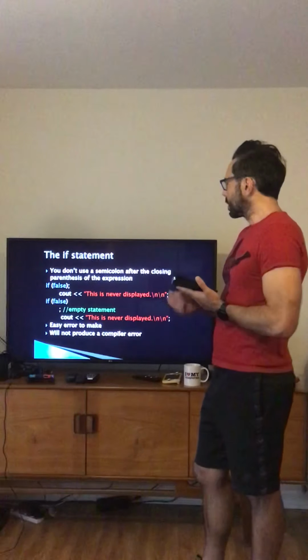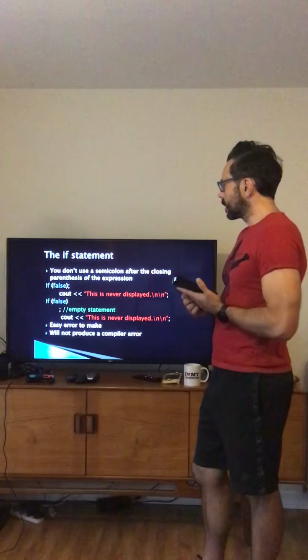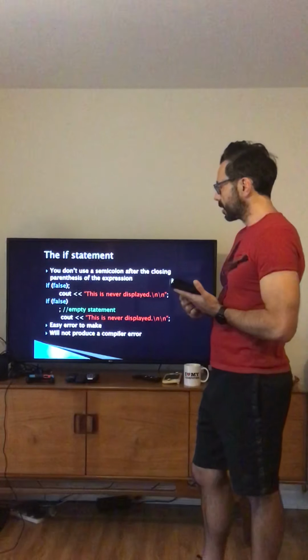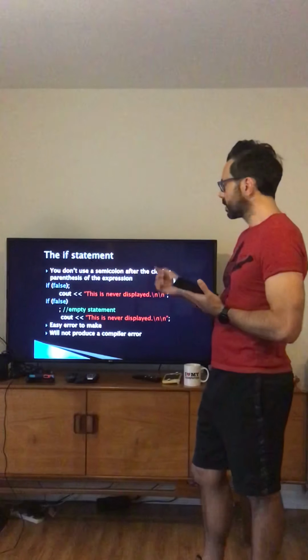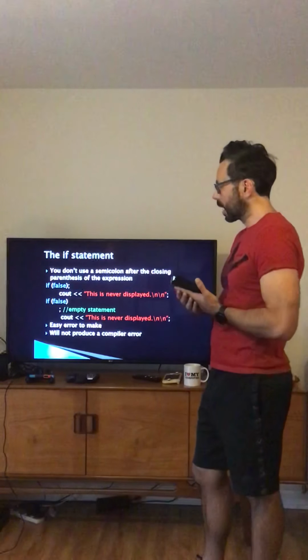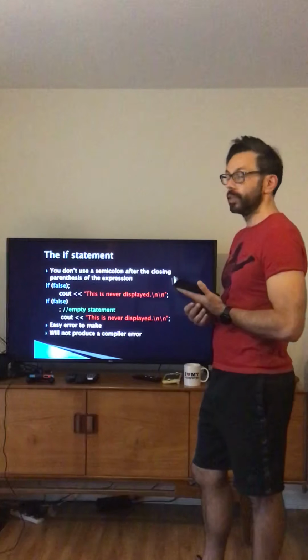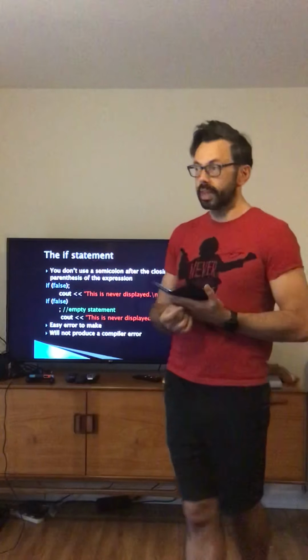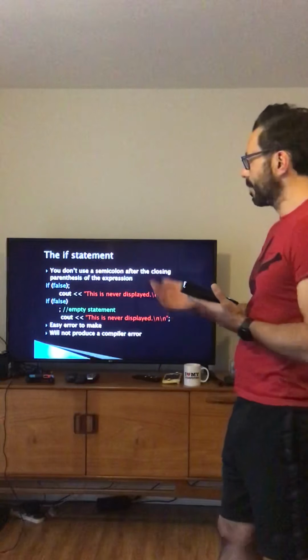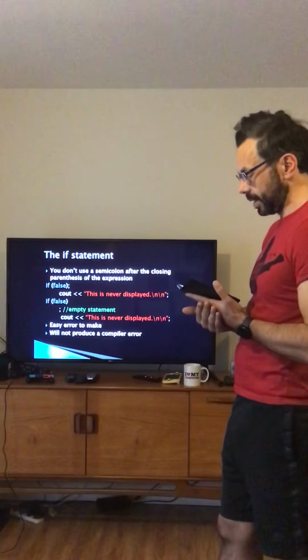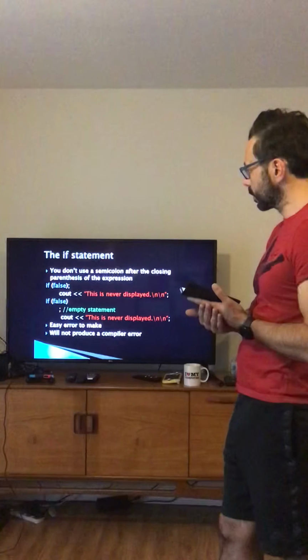You don't use a semicolon after the closing parentheses of an expression. This is a C++ example, and I'm not really sure how C# copes with this, but essentially the semicolon is a statement terminator, okay?